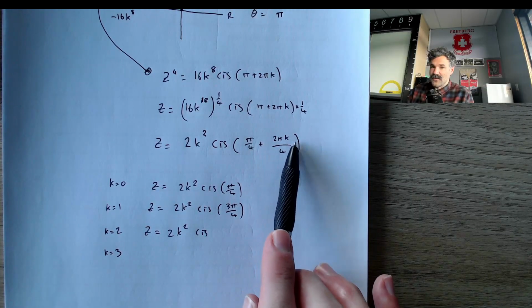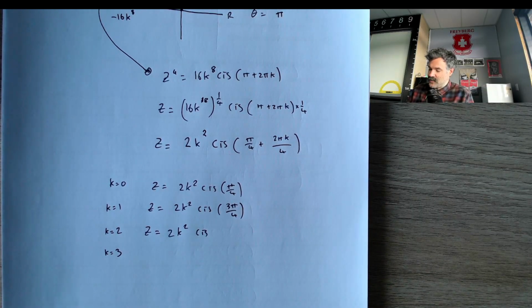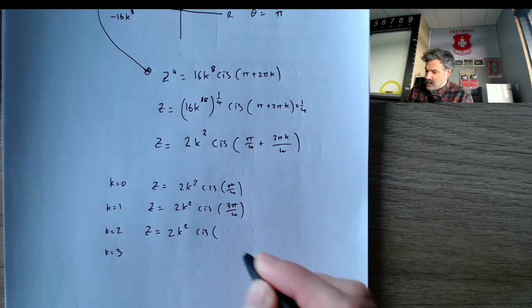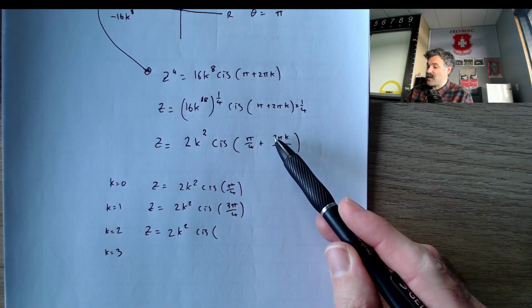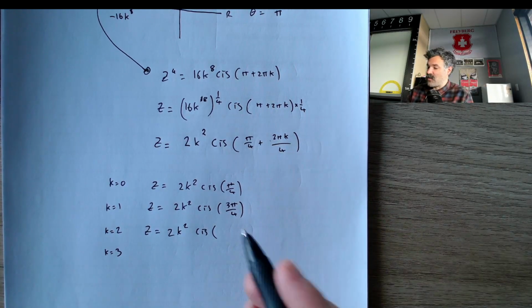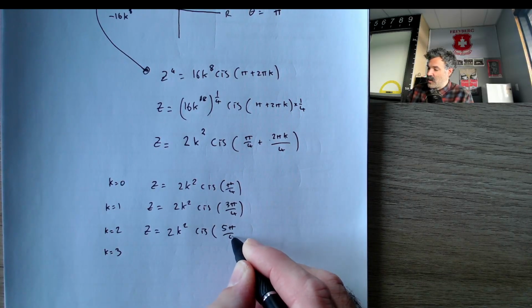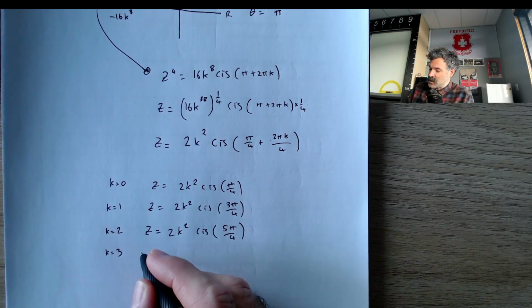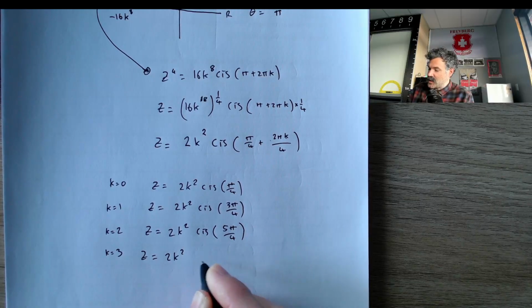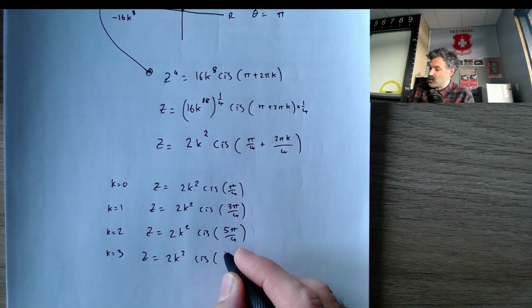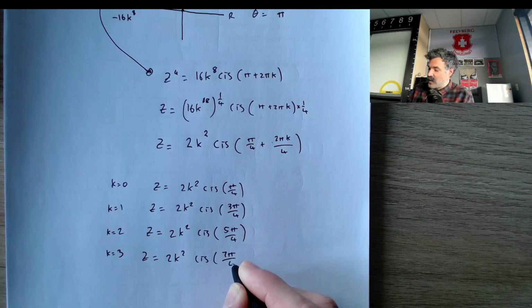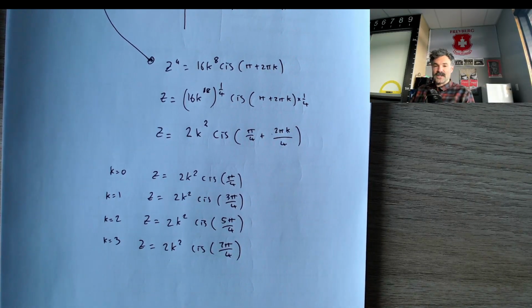It's to do with this k over here, so I apologize for that. I should have used c or m or something. So when I have two lots of that, that's going to be 4 pi over 4 plus pi over 4. That's going to be 5 pi over 4. We're just adding on 2 pi over 4 essentially, and my last one is going to be 2k squared cis of adding on another 2 pi over 4, which is 7 pi over 4, and we are finished.